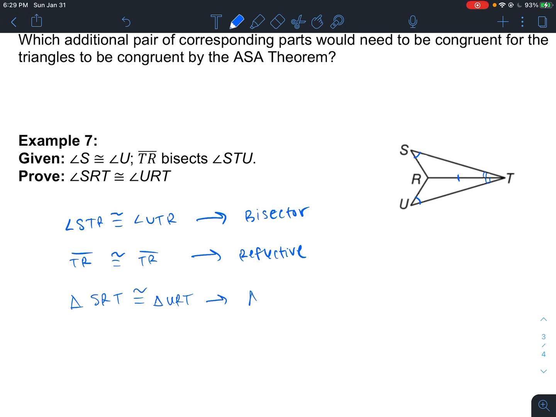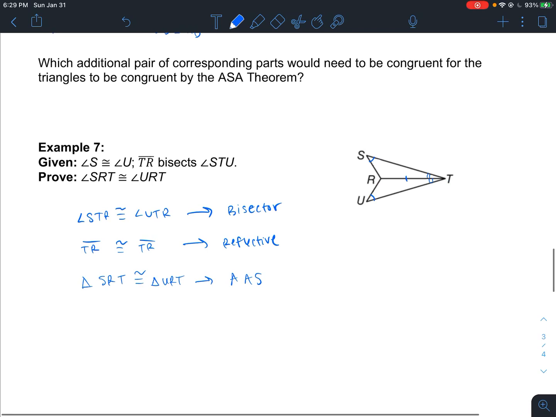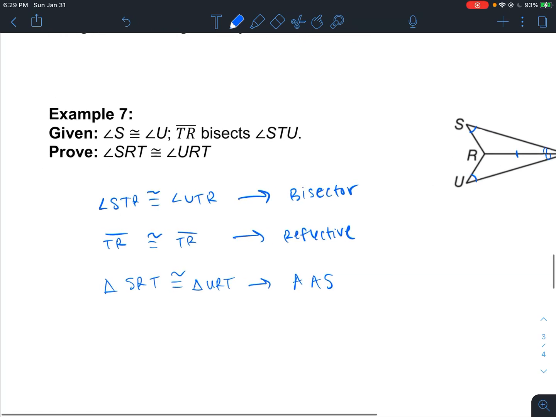So that's the AAS postulate. Now, were we trying to prove that the two triangles were congruent? The answer is no. We were trying to prove that angle SRT, this angle right here, is congruent with this angle right here, URT.